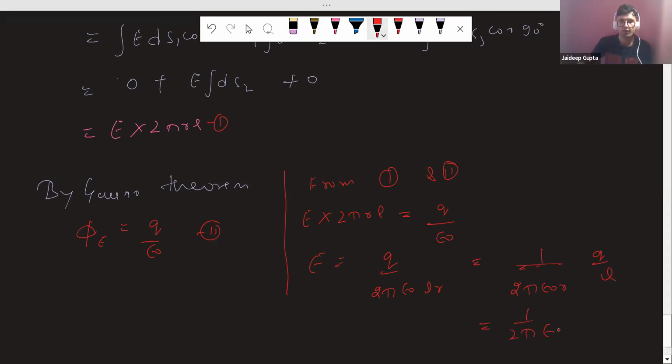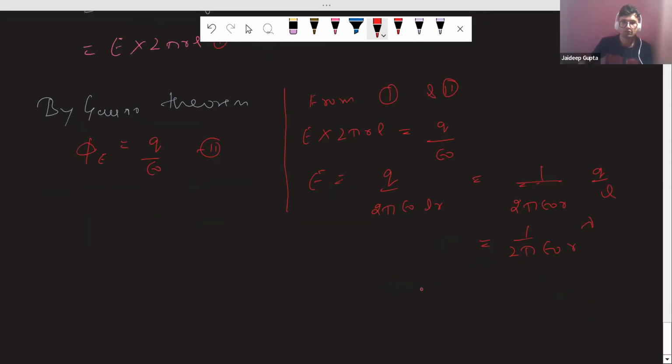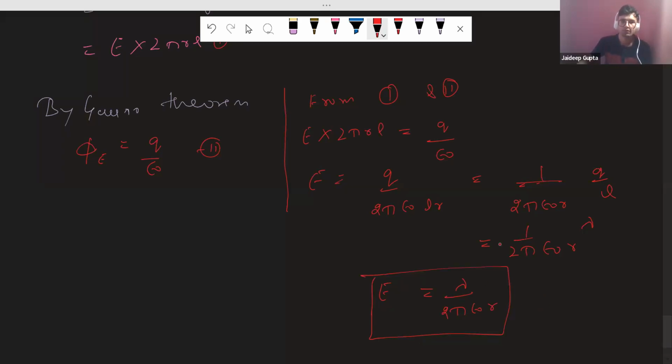Iram, what is Q over L? Lambda. So E equals lambda over 2 pi epsilon R. This is the electric field. Is it fine? Yes.